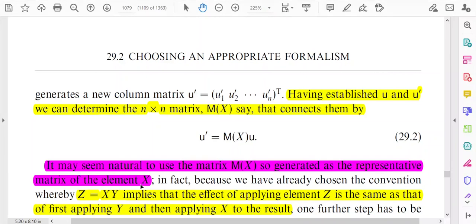For right now, we have to understand that this matrix MX, which we have obtained through relation 29.2, will be used to generate the representative matrix. That matrix will be calculated by using MX.